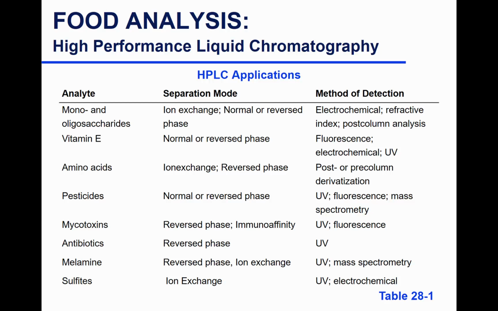But it's a summary of what analyte would be analyzed using what separation mode and what method of detection. We will have chapters on carbohydrates, vitamins, amino acids, pesticides, and mycotoxins. We will talk about all of these in different chapters, but this is a summary table.